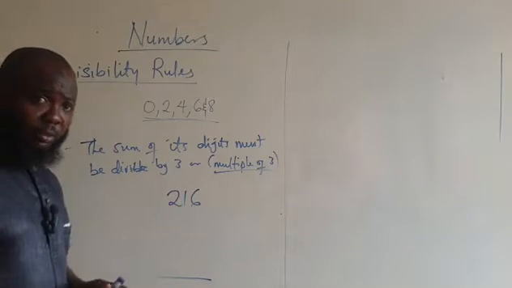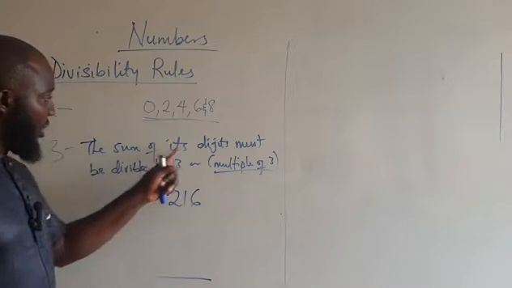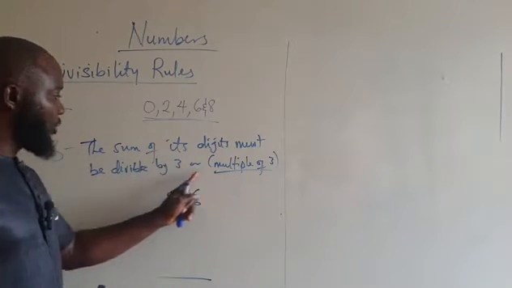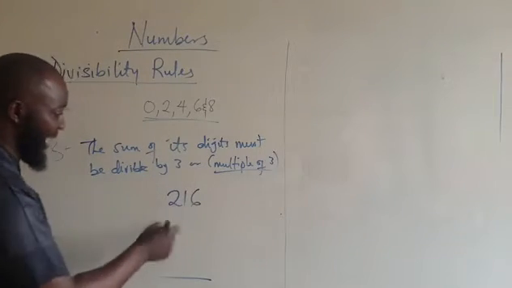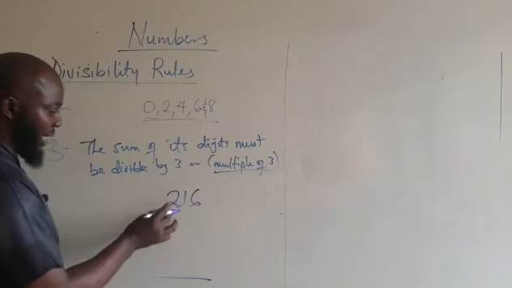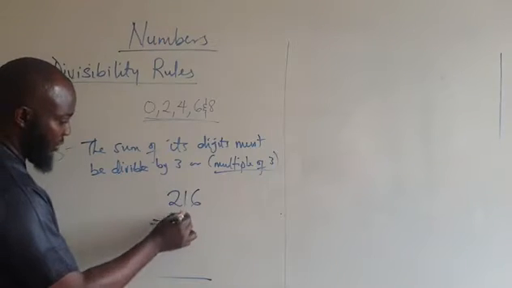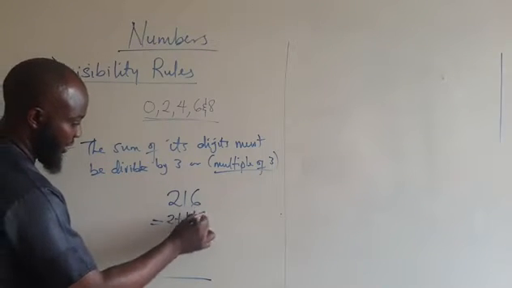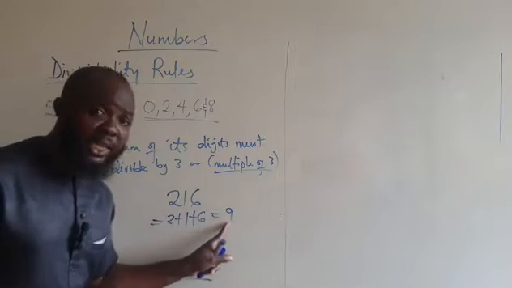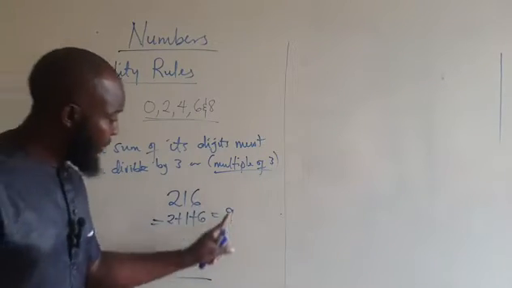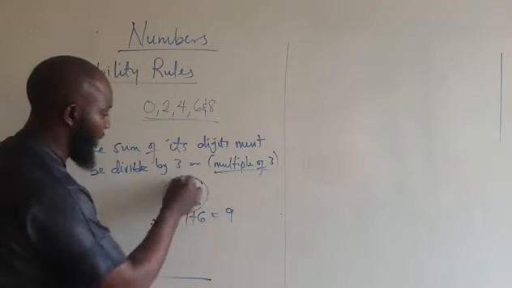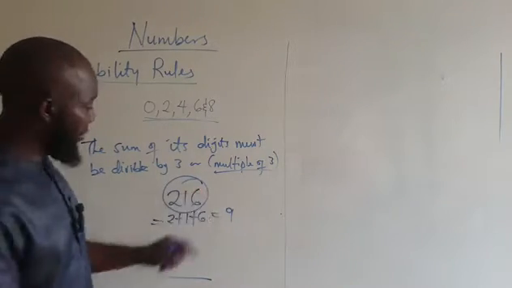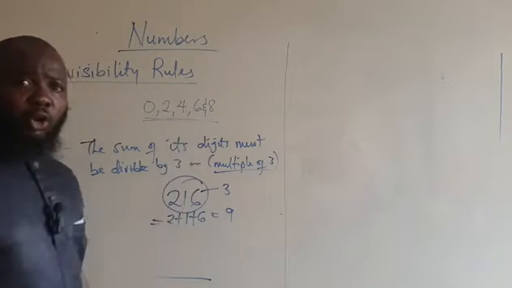What do I mean? The rule says that the sum of its digits must be divisible by 3, or be a multiple of 3. So if we add the digits together, 2 plus 1 plus 6, it gives us 9. 9 is a multiple of 3 and 3 can divide it. Hope I'm making sense. So therefore, this 216 is divisible by 3. I hope that is clear.